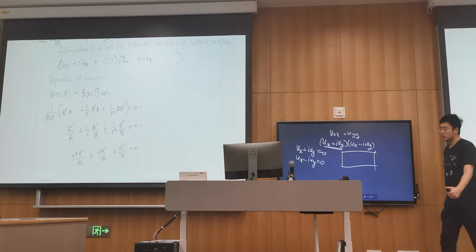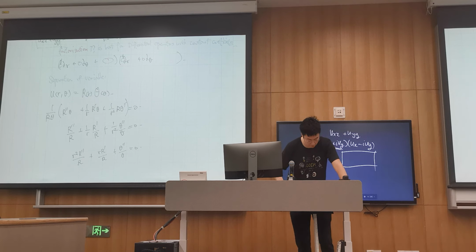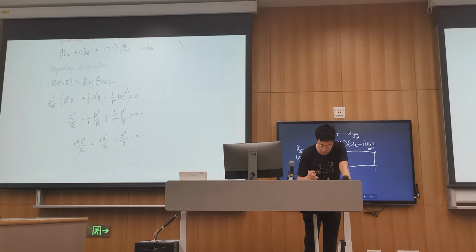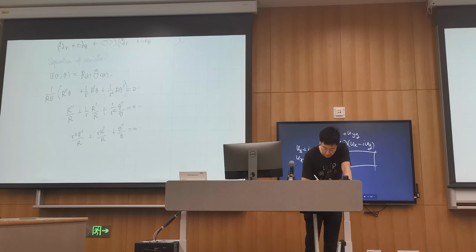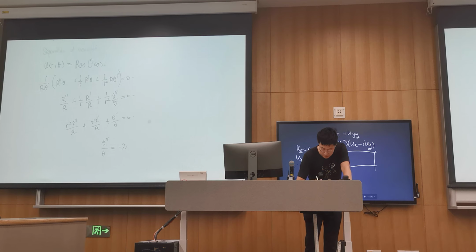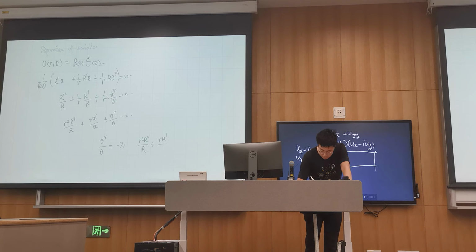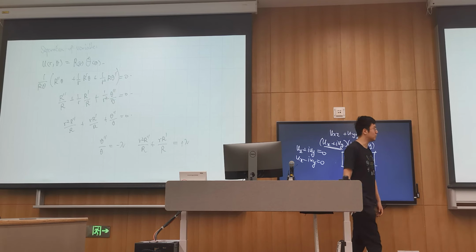Okay, so now we can safely say that theta prime prime over theta equals, let's say, negative lambda, and then R squared R prime prime over R plus R squared, small r, big R prime, and the big R is a positive number.